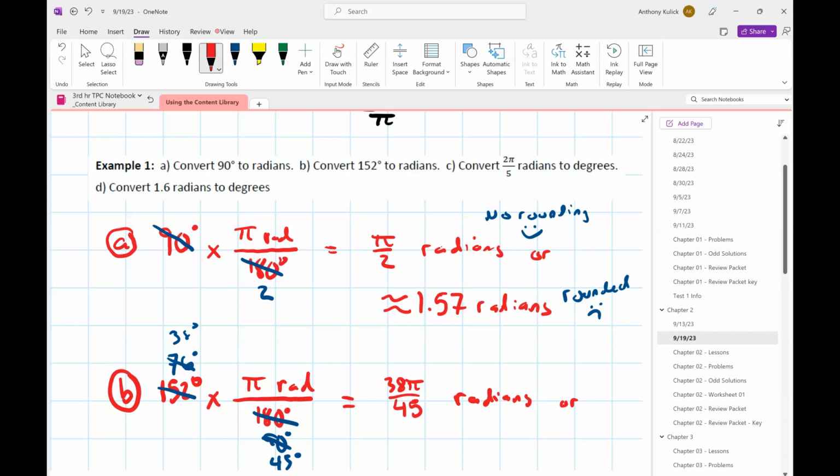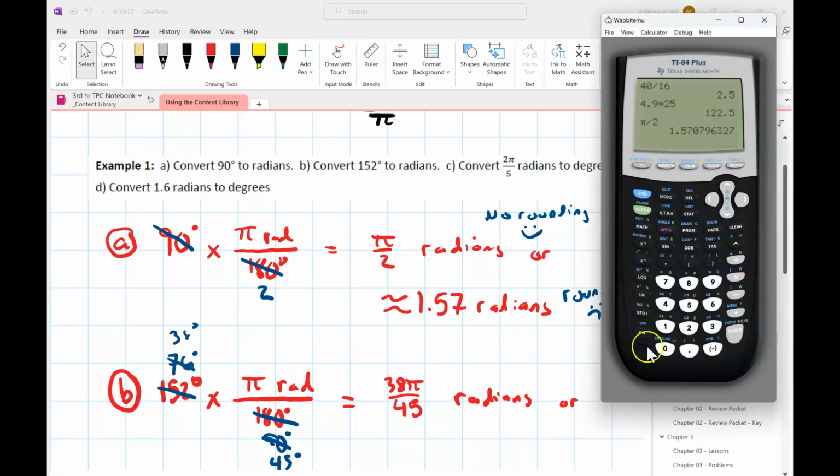Or if you type that into your calculator, you'd say it's about 265.